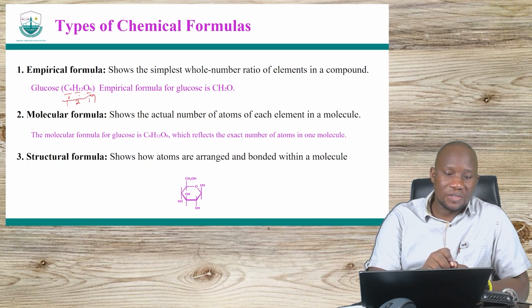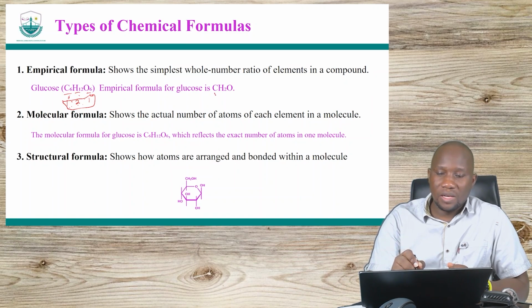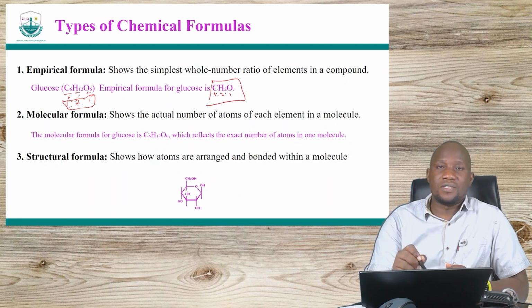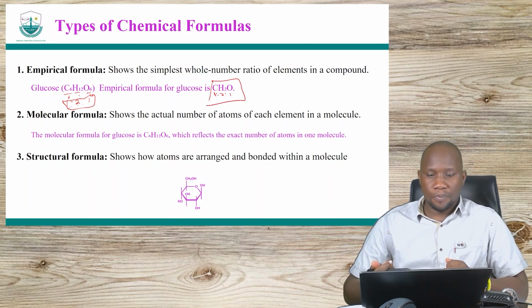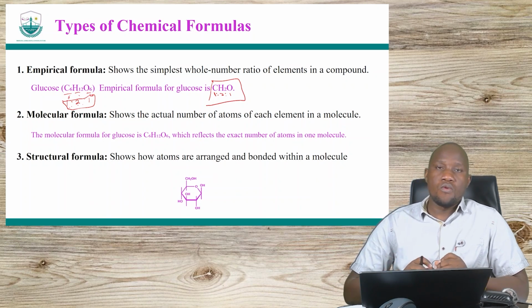So this is the ratio, 1 to 2 to 1. This is the simplest whole number ratio for glucose.